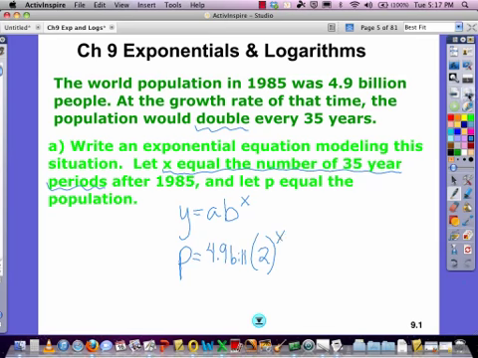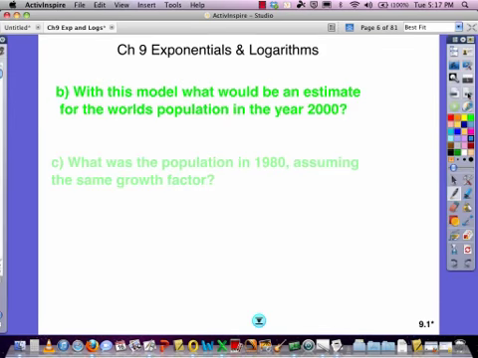Now, there is a follow-up. You notice that was part A. So we're going to bring that equation back over here. So y equals 4.9 billion times 2 to the power of x, remembering x was every 35 years. So it says, with this model, what would be an estimate for the world's population in the year 2000? Now you have to remember that it started in 1985.